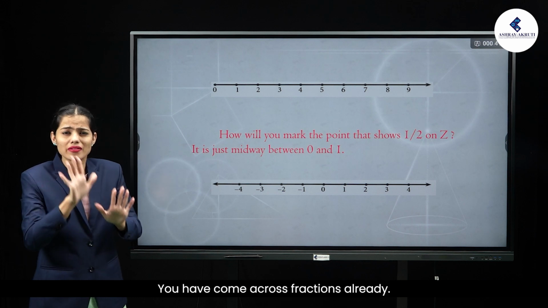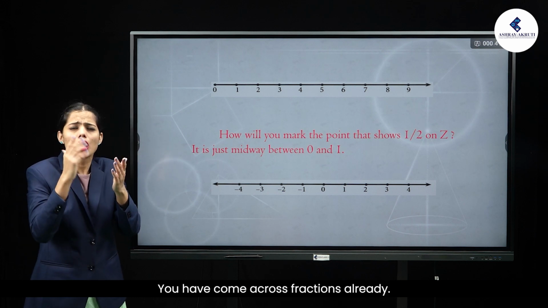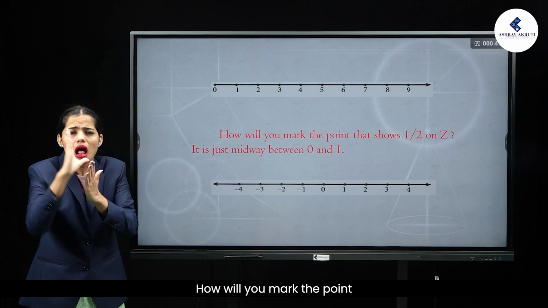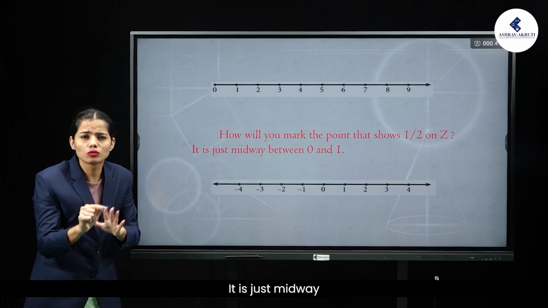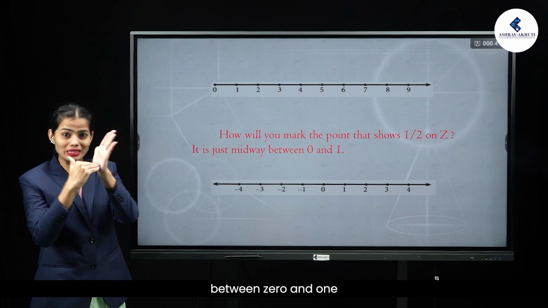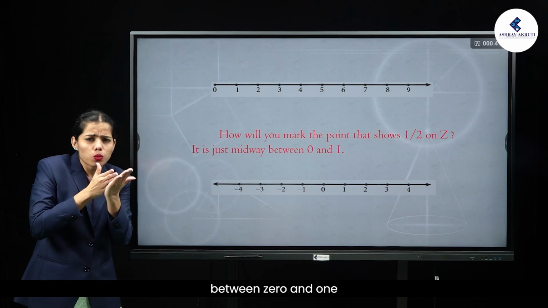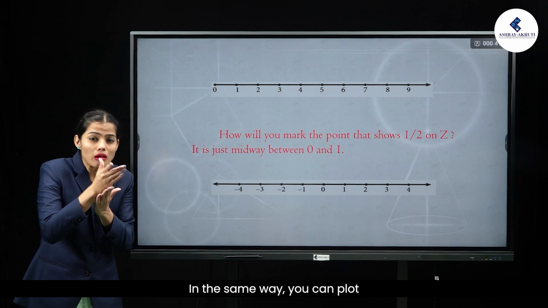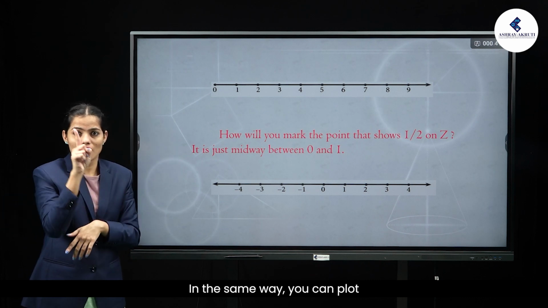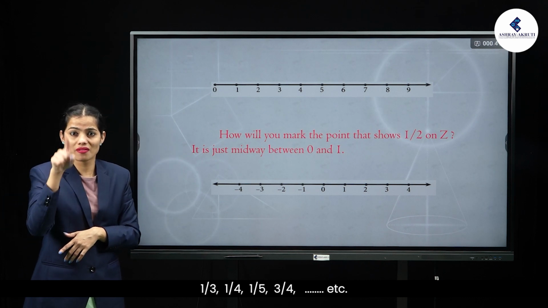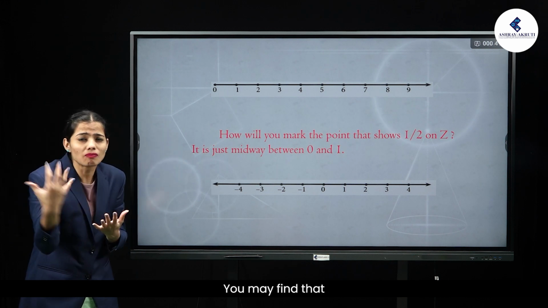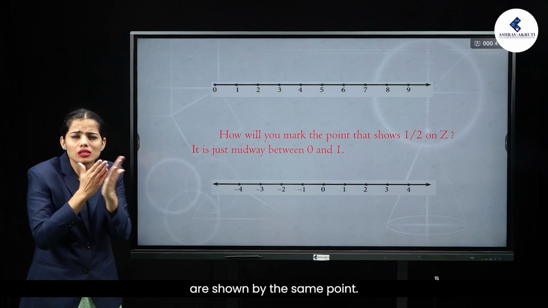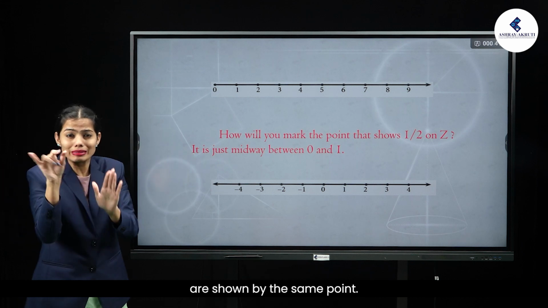You have come across fractions already. How will you mark the point that shows 1 by 2 on Z? It is just midway between 0 and 1. In the same way, you can plot 1 by 3, 1 by 4, 1 by 5, 3 by 4, etc. You may find that many different fractions are shown by the same point.